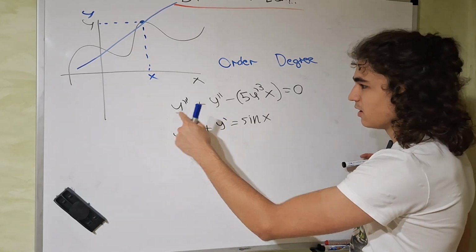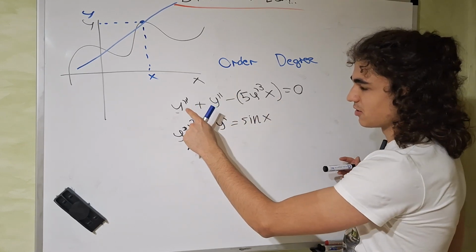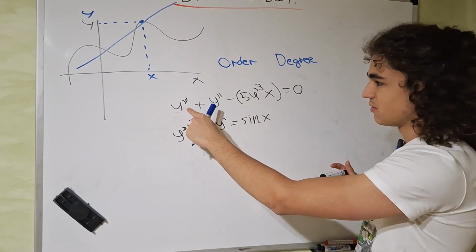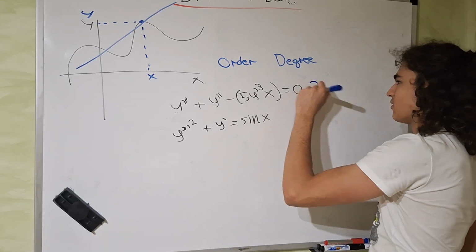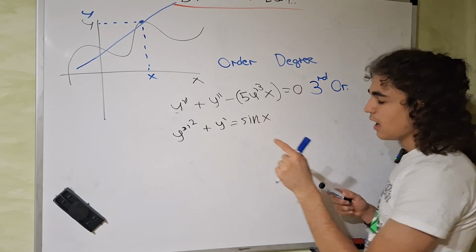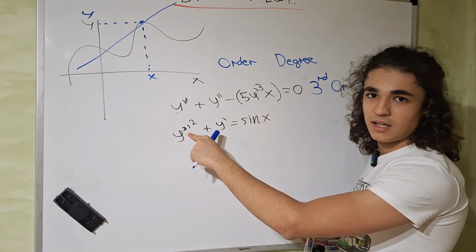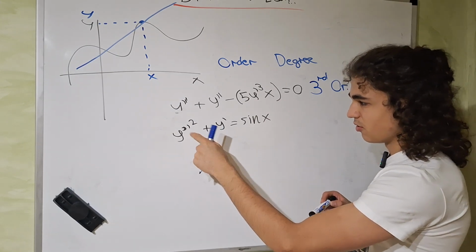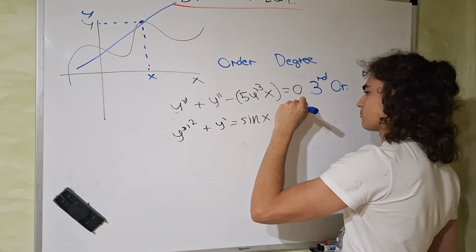So for example, this is a third order differential equation because we have the third derivative of y with respect to x. So this is third order. This is second order because we have the second derivative of y with respect to x.